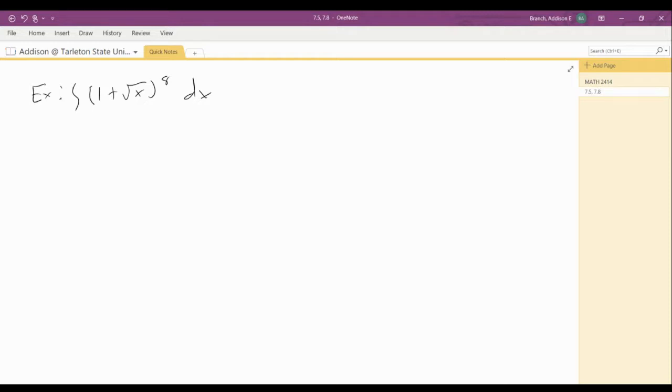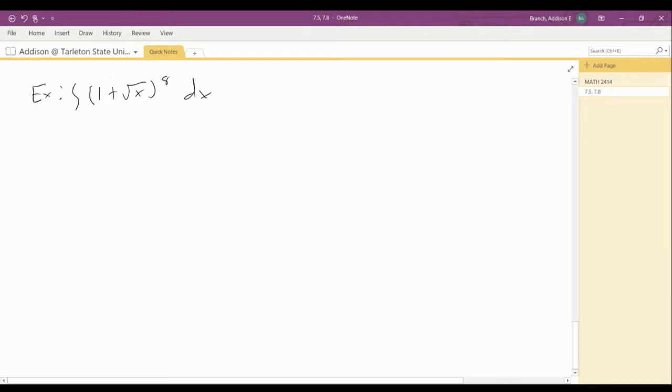So now we have to go to step 3 and see if we can match our form to something else. So if we think back, it's not trig, it's not a rational function. Not a great situation for integration by parts, but we do have a radical.